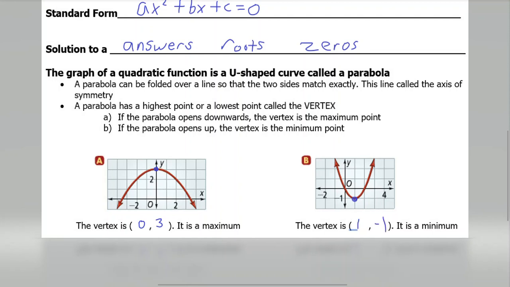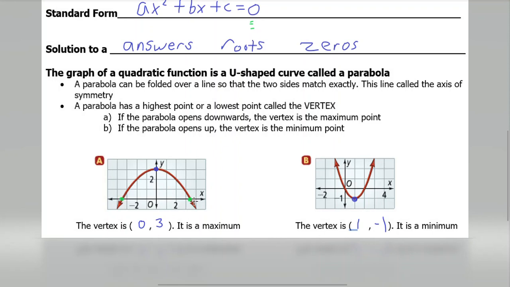Okay? On a graph, if they ask for the roots or the zeros or the answers or the solutions to a quadratic and they give you a graph, it's really easy to find the solutions. It's wherever it crosses the x-axis, or where the y equals 0. Remember it says equals 0, so that means it crosses the x-axis.